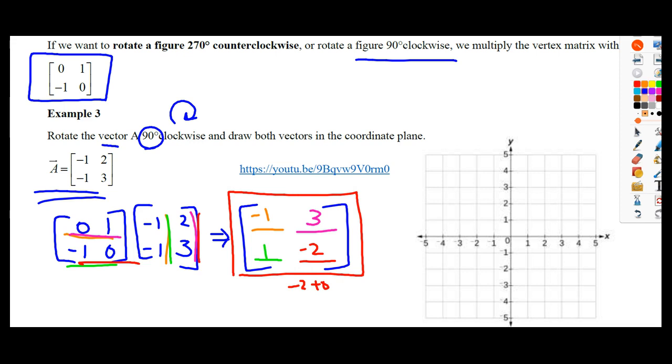So whereas the original is -1, -1, and 2, 3, this is the vector. This is A. Vector A, so from here to there, negative 1, 1, and 3, comma 2. So starting from here all the way there, this is A prime. There you have it.